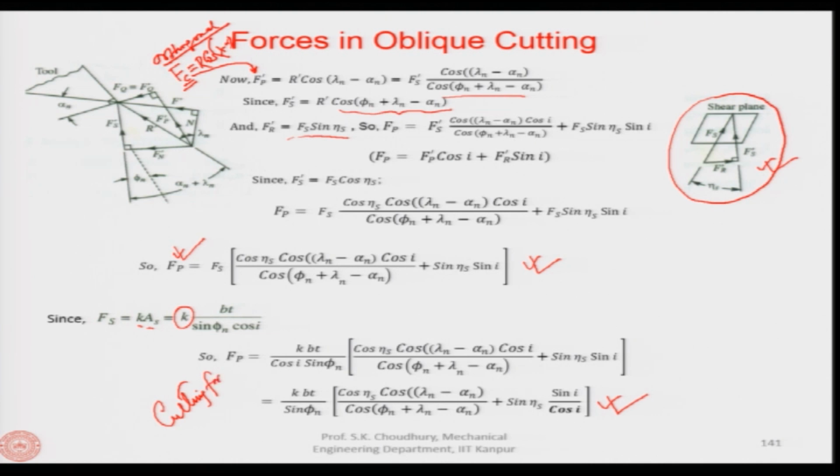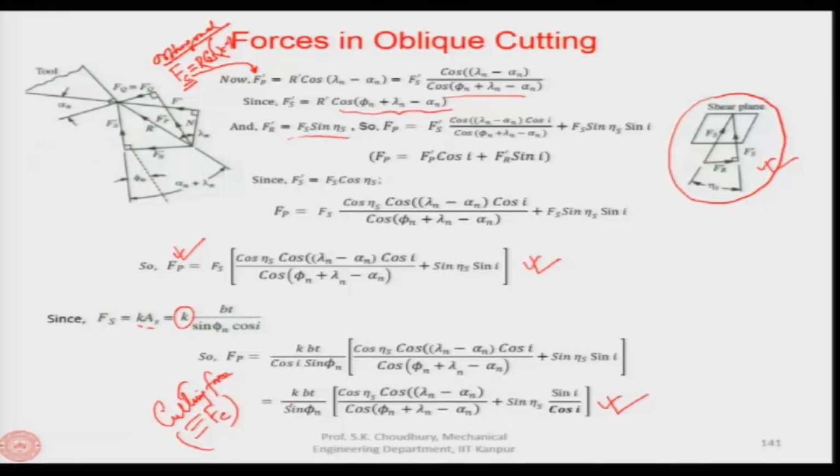So, this is the expression for the Fp, which is the cutting force. This is equivalent to Fc in the case of the orthogonal cutting that we have discussed. If we go back to the orthogonal case and find out how we have determined analytically the value of the Fc, you will find that there is a similarity, except that there are components which are coming in the normal plane.